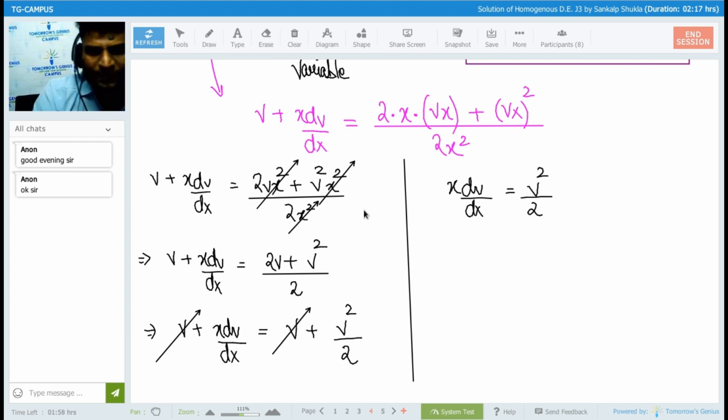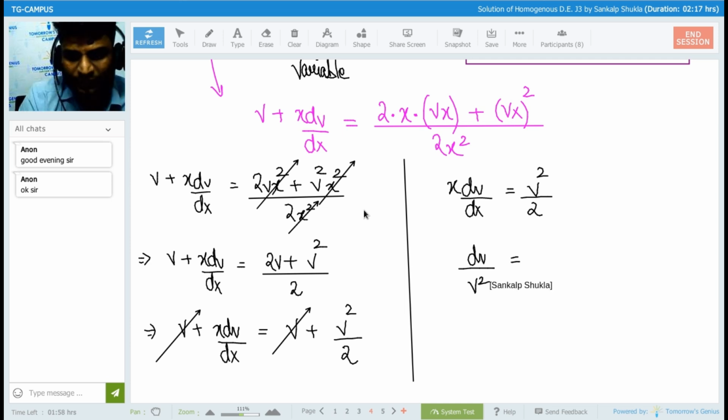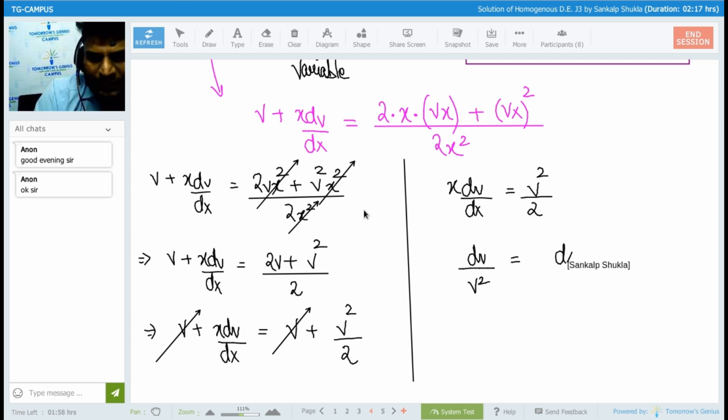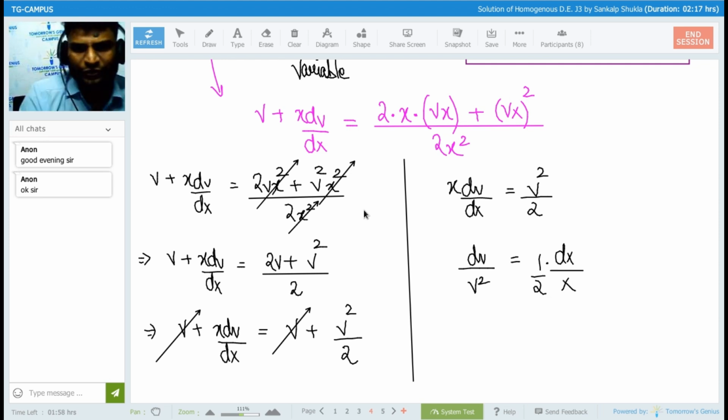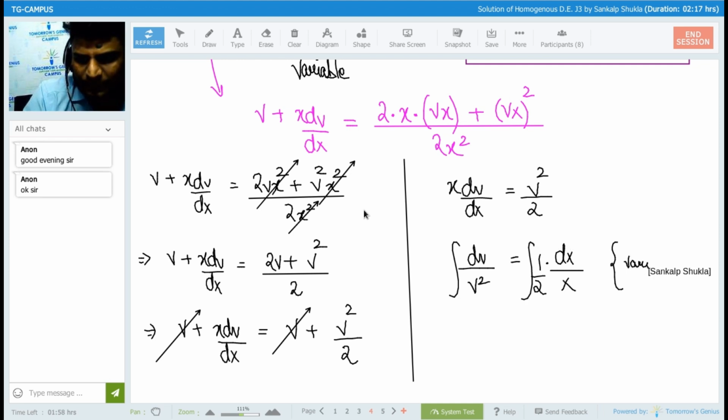Now you can easily cross multiply, so this will be dv upon v square is equal to dx upon x into 1 by 2. Right? So now you can integrate on both the sides. So this is just variable separable.